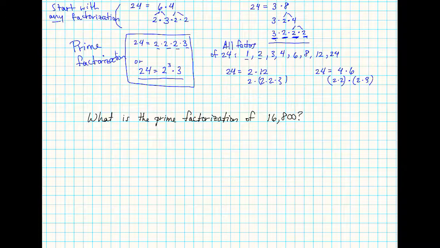So when we start out with this, you might want to look for just any factorization. And so something that might jump out, well, maybe I should give you a moment. What factors jump out as something that is a factor of 16,800?